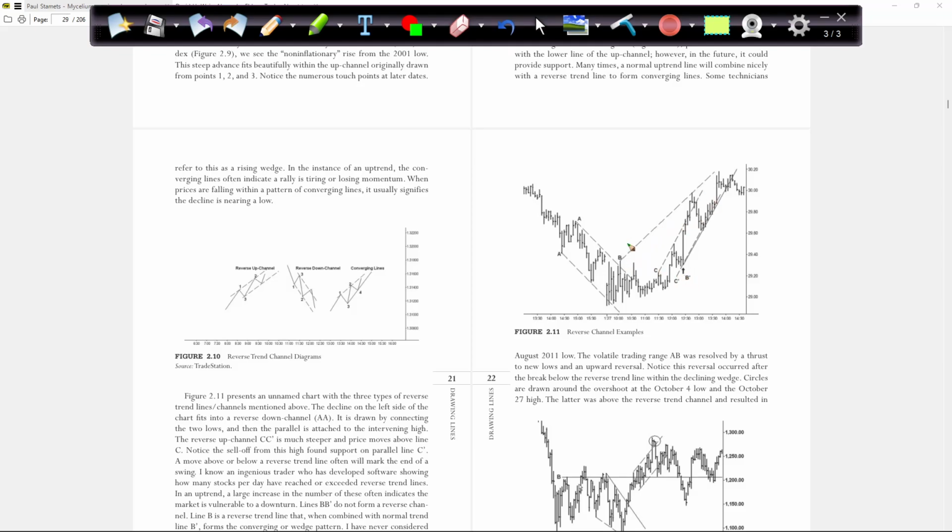Line B is a reverse trend line that, when combined with normal trend line B prime, forms the converging or wedge pattern.